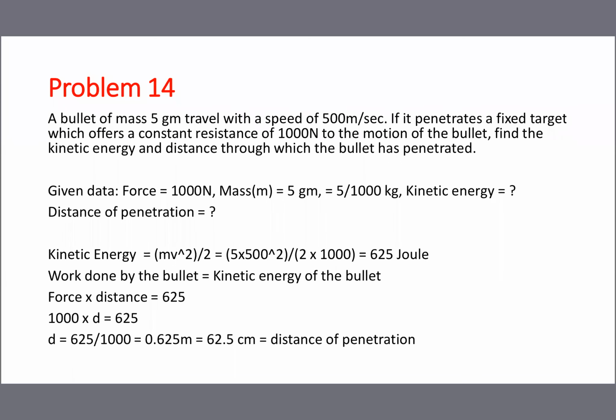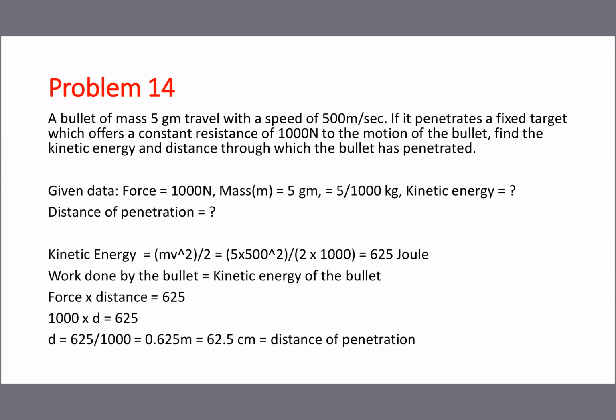Go to problem number 14. Energy problem. A bullet of mass 5 gram travels with a speed of 500 meter per second.